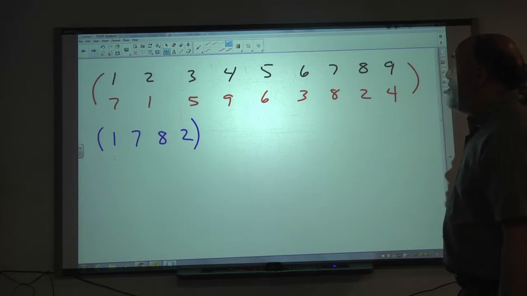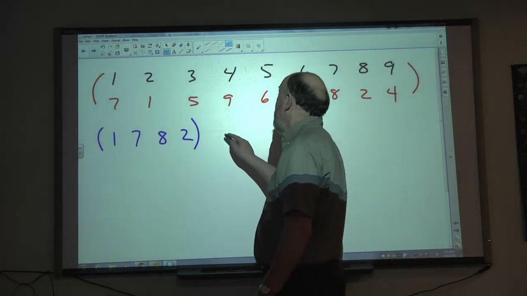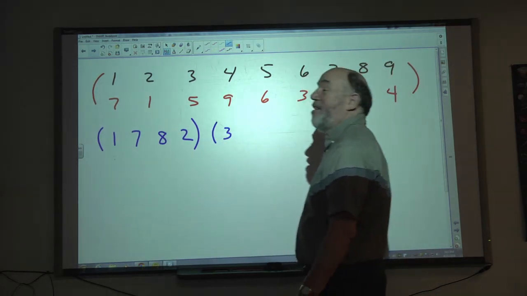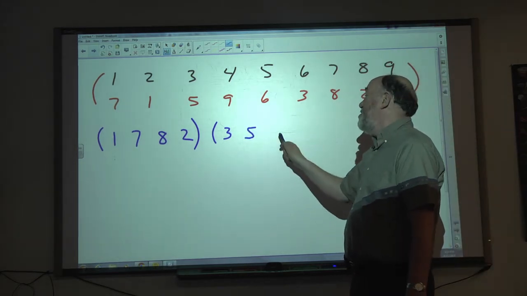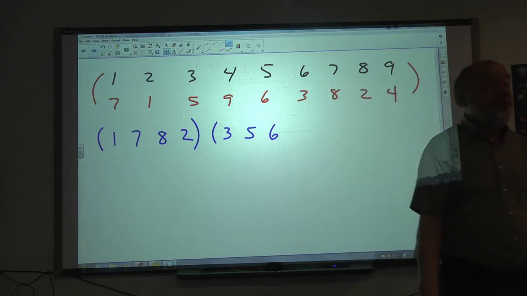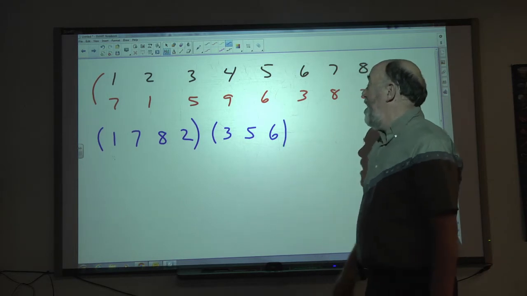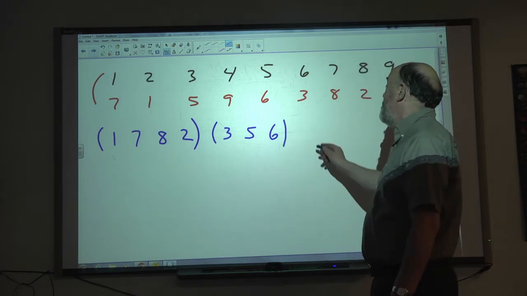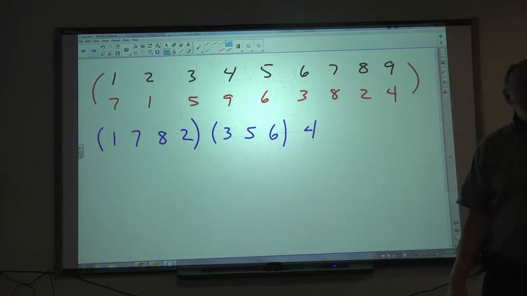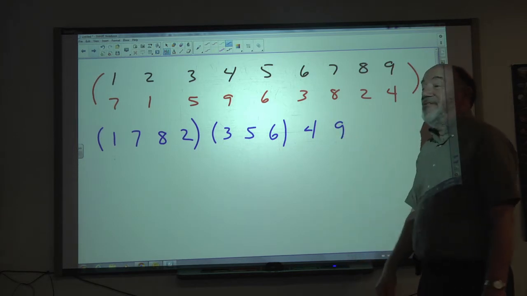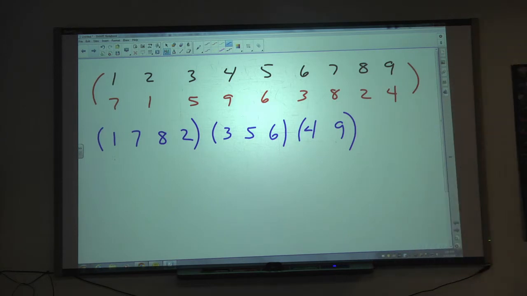Let's go on to our next number being 3. 3 goes to 5, 5 goes to 6, and 6 goes to 3. So that closes off that one. That takes us now up to the number 4. And 4 goes to 9, and 9 goes to 4. And that closes that one.